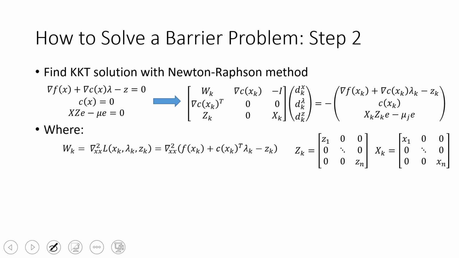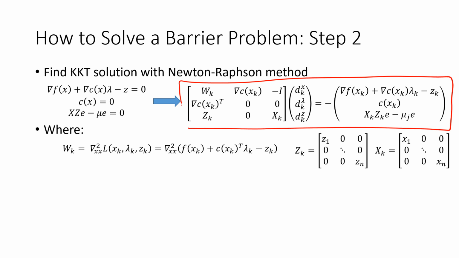So now what we're going to do is just solve this with the Newton-Raphson method. This would be a Newton step. We want to find a search direction for our next iteration. So these are the delta values for x, lambda, or Lagrange multipliers, and then our z values as well. And this Wk is defined like this.